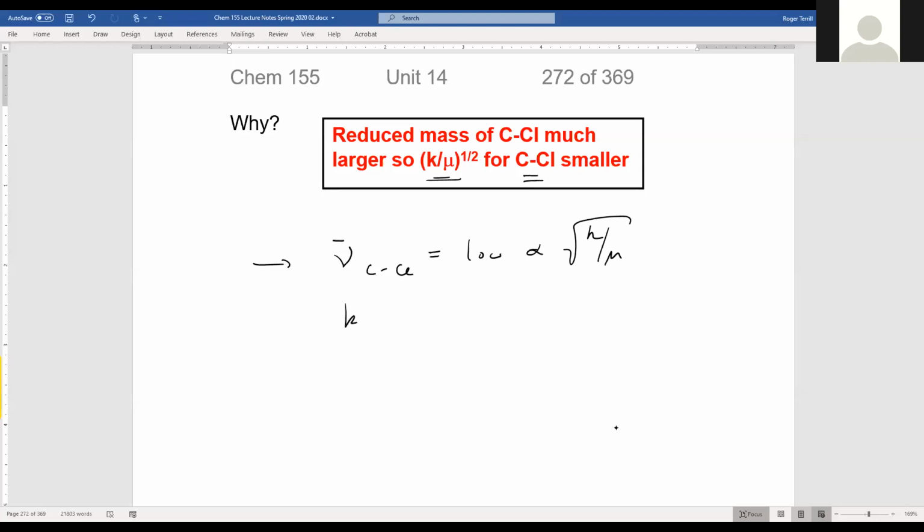So K is equal to the bond strength, and mu is equal to the reduced mass. So CCl is relatively low.